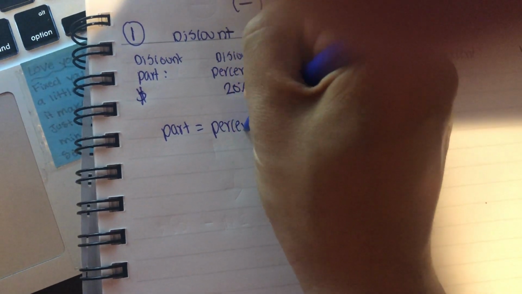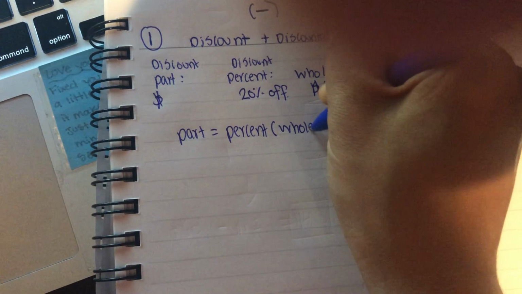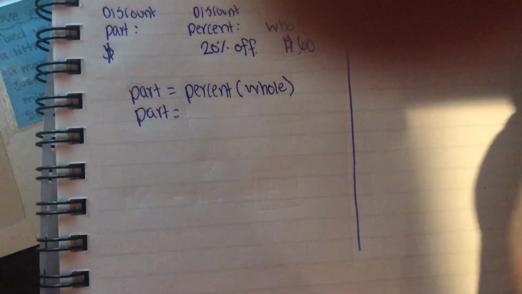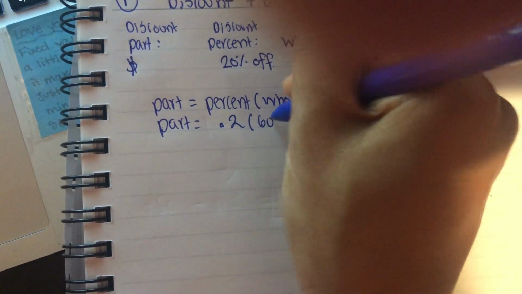So we're going to put our equation. You have the part equals the percent times the whole. Now, we know that 20% is 20 hundredths, which is the same as 2/10, and I'm going to multiply that by 60.